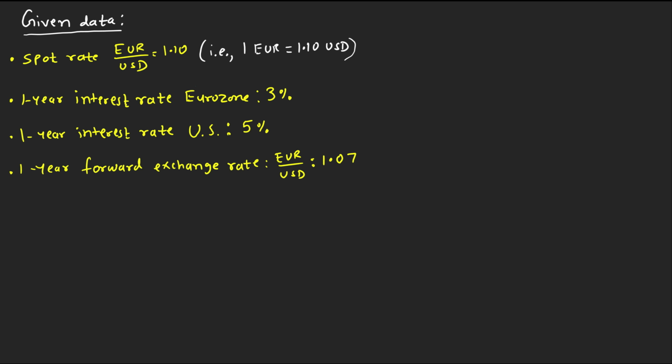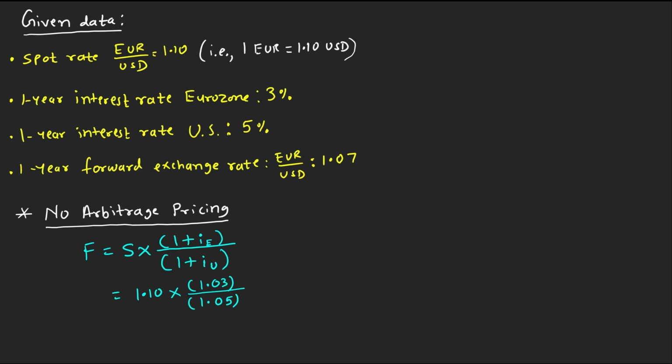Now, we'll talk more about no arbitrage pricing in a minute. But the no arbitrage price in this case will be 1.08. So as you can see, it's different from the 1 year forward exchange rate, which is 1.07. We're going to exchange EUR over USD at this rate, but the actual no arbitrage price is 1.08.